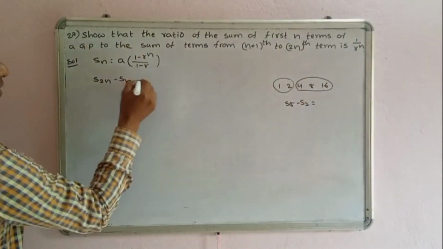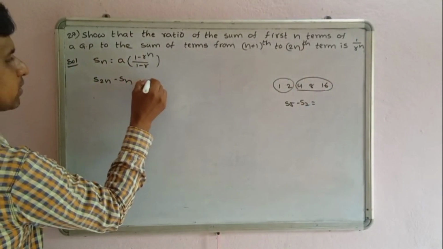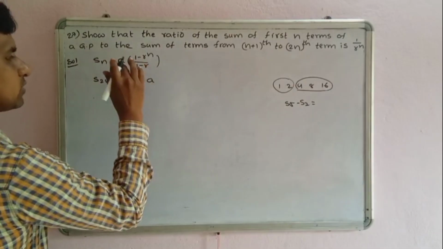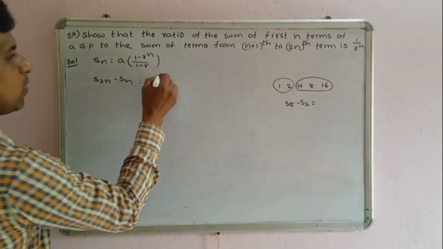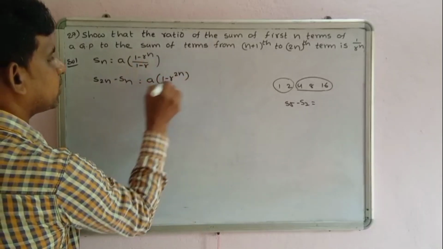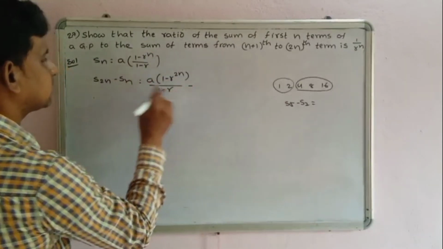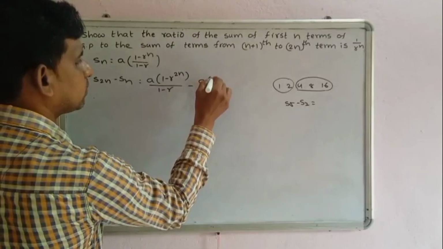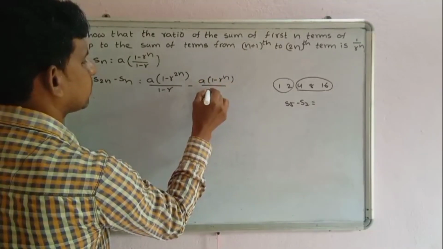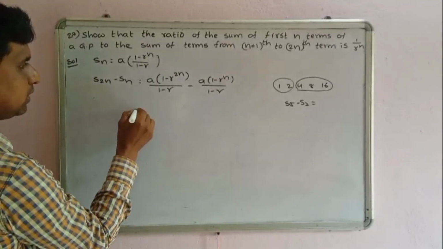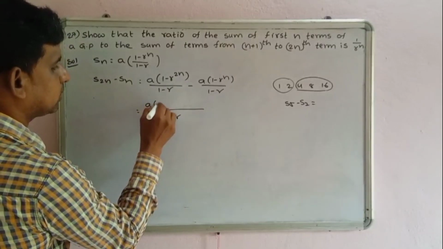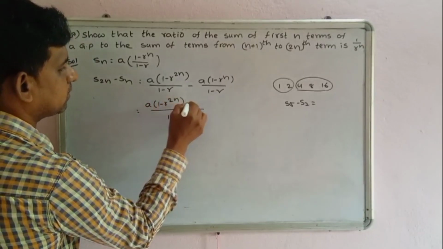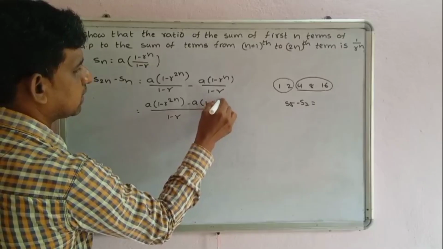So what is the S2n formula? The formula is Sn equals a into 1 minus r power n by 1 minus r. S2n is also a into 1 minus r power 2n by 1 minus r, minus the Sn formula, a into 1 minus r power n by 1 minus r. Here 1 minus r is the common denominator. So a into 1 minus r power 2n minus a into 1 minus r power n.